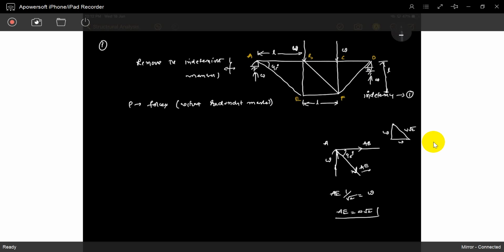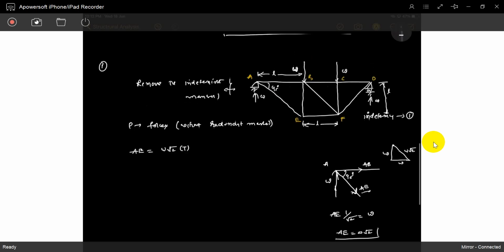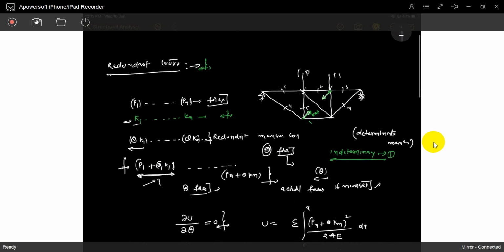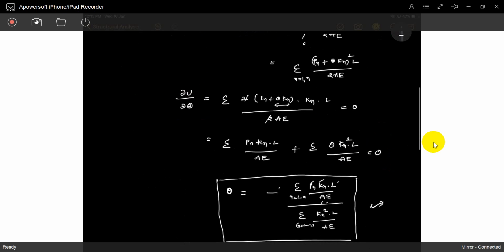So our assumed direction is right. What is the direction? Tension. So AE is W root 2 tension. One thing to remember: we calculated with tension taken as the positive direction, that's why we give the negative sign.